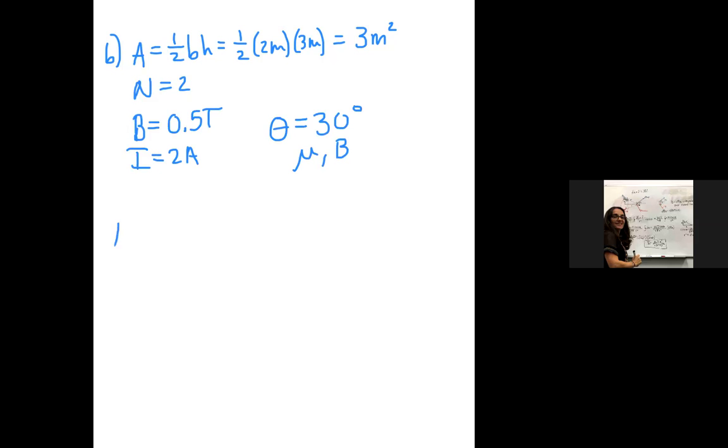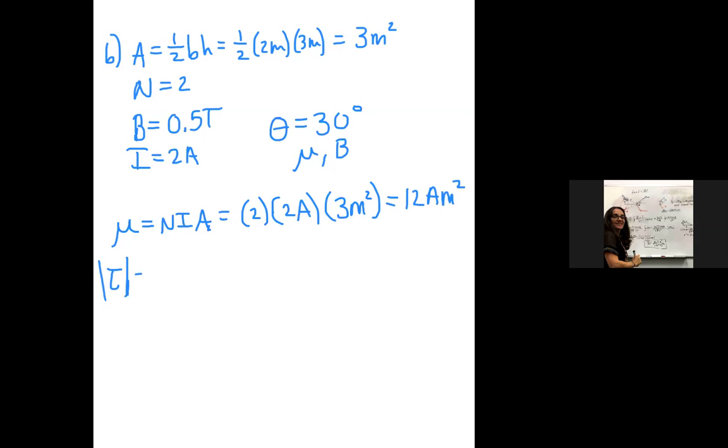Okay. So mu is NIA, so that's 2 times 2 amps times 3 meters squared, and mu is 12 amp meters squared. And so then my torque, the magnitude of the torque, is still mu B sine, that hasn't changed, it's still sine of 30 degrees.